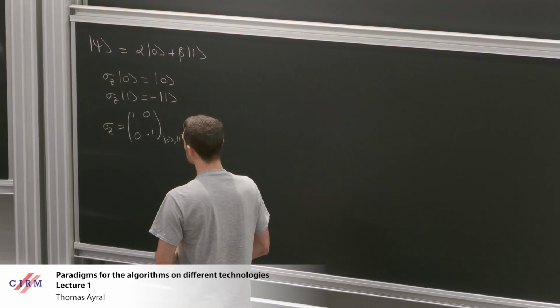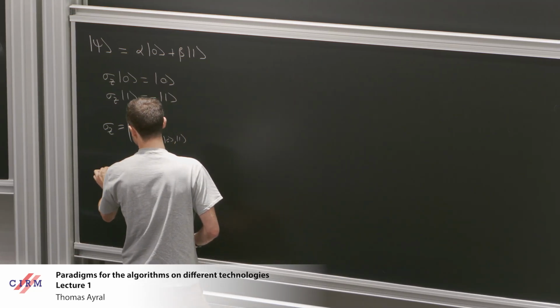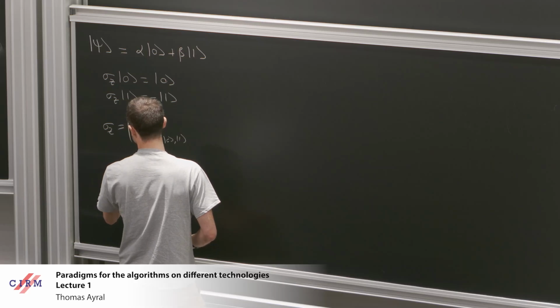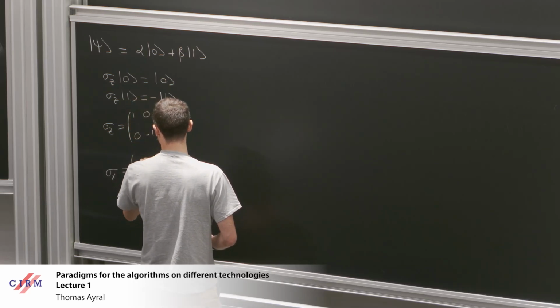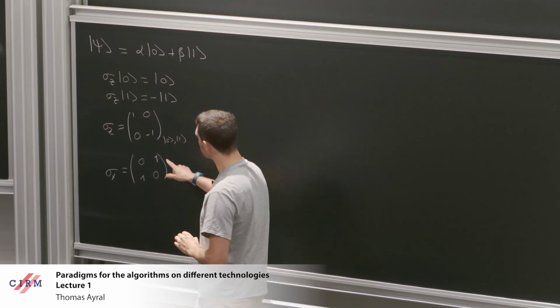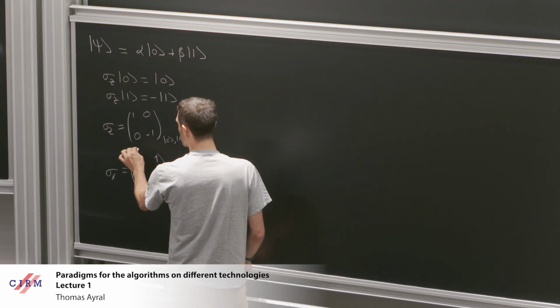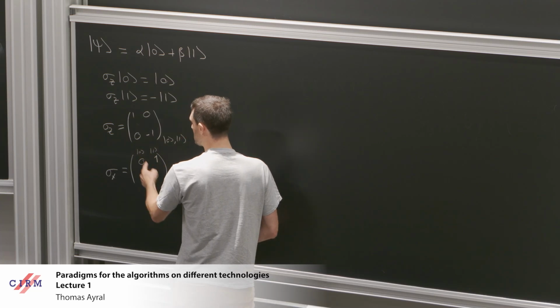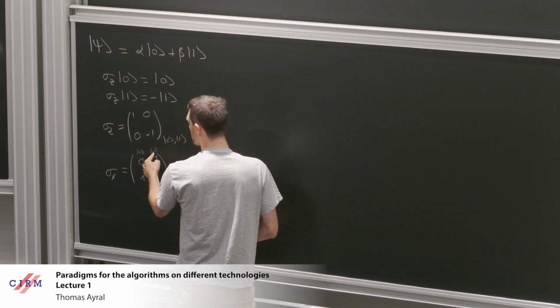And I will also use a lot in the lecture other famous matrices called the Pauli matrices. So sigma x is one of them. It's defined as the matrix that flips the spin. Why? Because if you remember that first column is 0 and second column is 1, then 0 turns into 1, and 1 turns into 0.